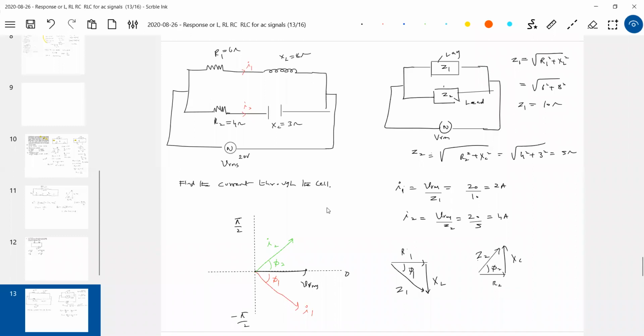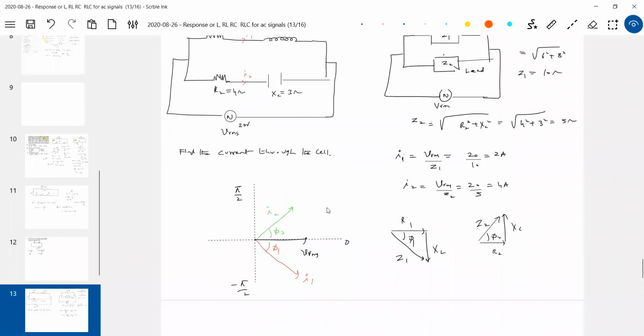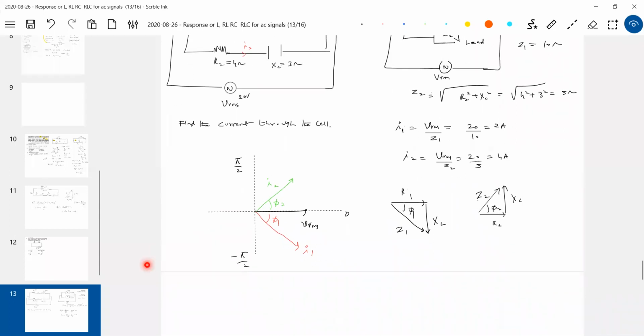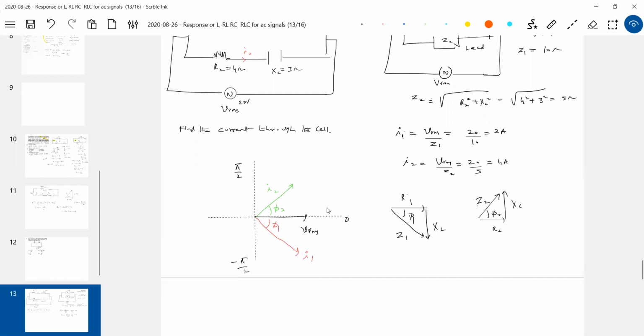Okay, so now can we calculate the phase angle? This phi 2, phi 1 is needed. So what is phi 2? Cos phi 1 equals R1 by Z1. Cos phi 2 equals R2 by Z2. I know all the values, Z1, Z2, everything.